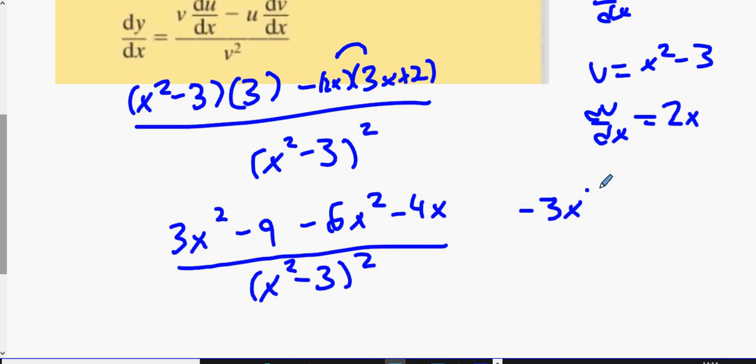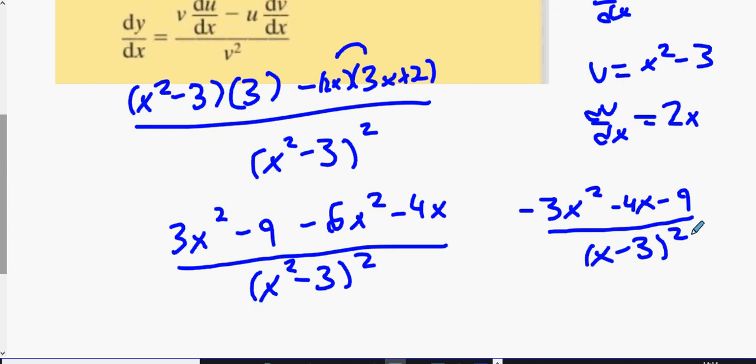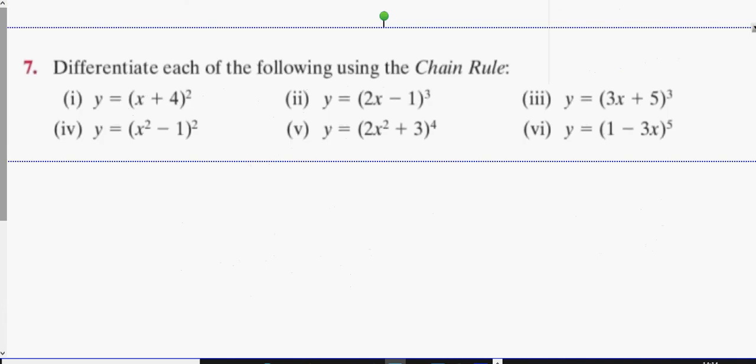Minus 3x squared, minus 4x, plus 27. So that's your answer, is it? Who got that? Okay, you're all correct. Happy days. Now, just when you thought you didn't learn enough for one day, we have what's called the chain rule.